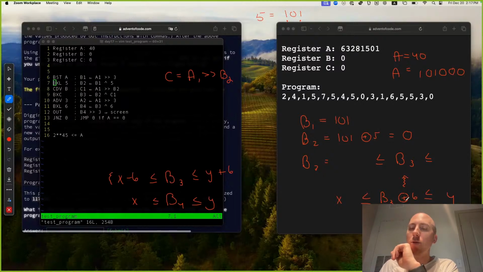We know that B3 XOR 6 is greater than or equal to or less than or equal to.